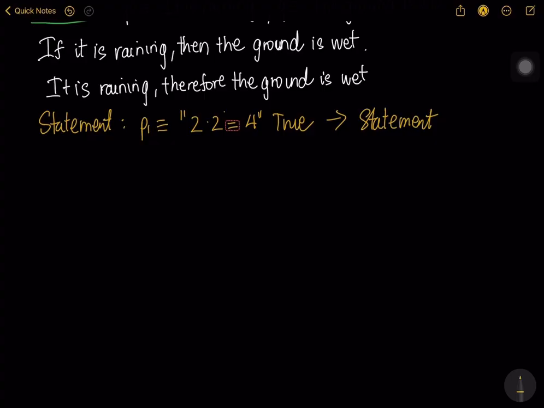How about we call P2 equals 2 times 2 equals 5. Is it true or false? It is false, right? And we know it is false, so it is also a statement.